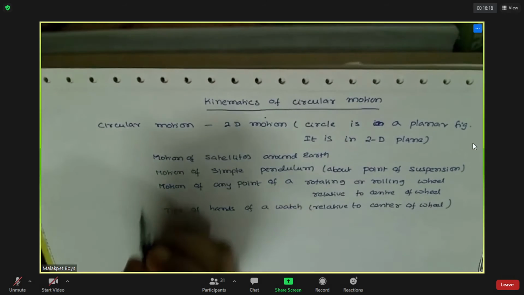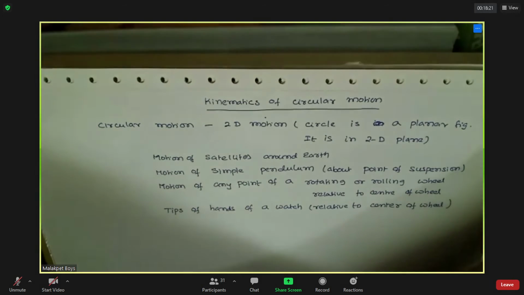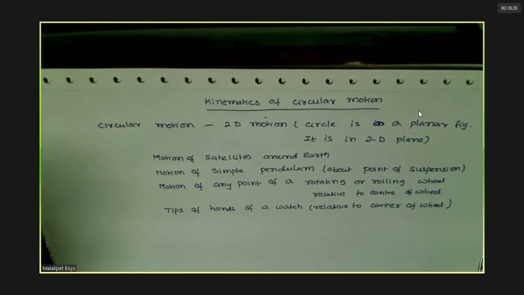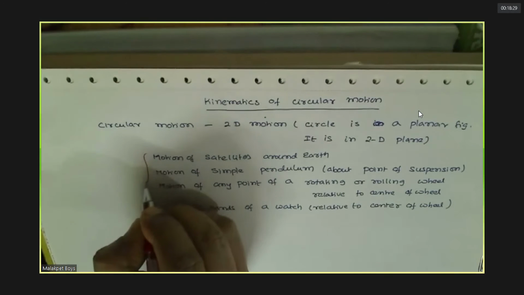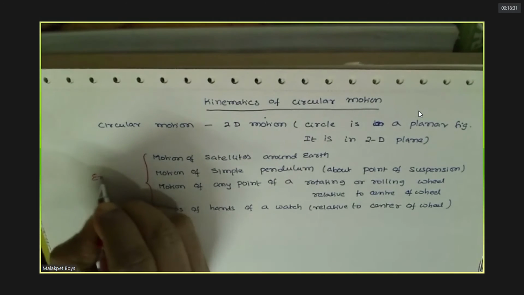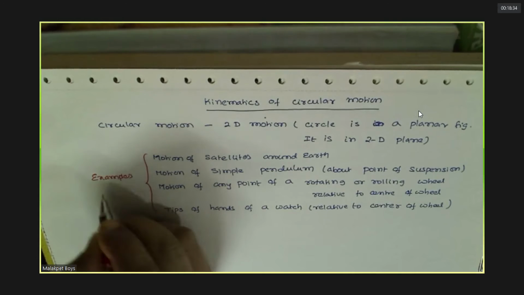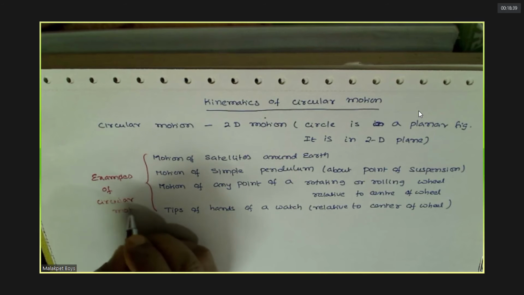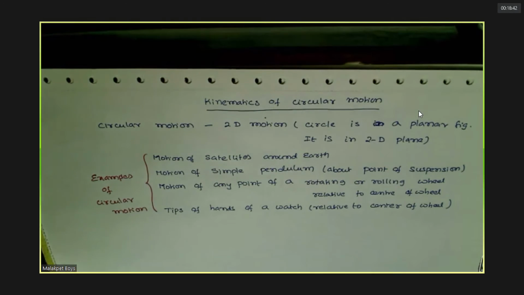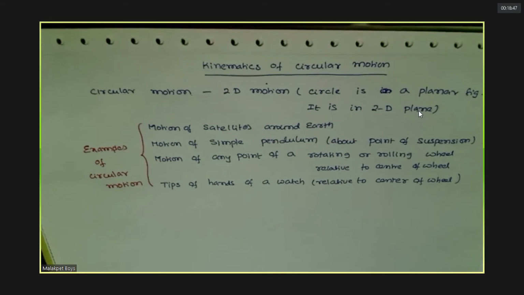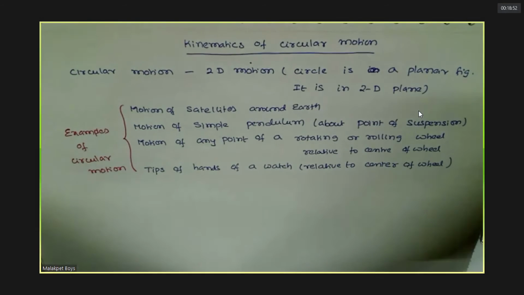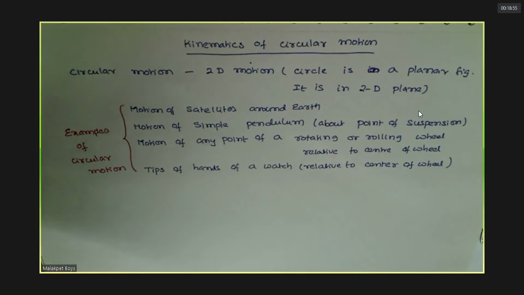These are all examples of circular motion, no? Do you agree with this or not? These are nothing but examples of circular motion. Now we can see that circular motion can be divided into uniform circular motion and non-uniform circular motion.